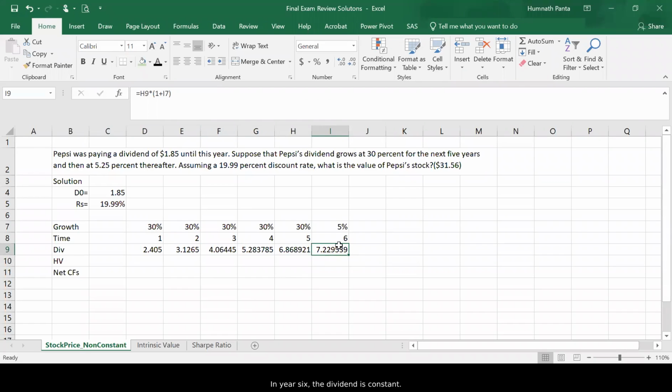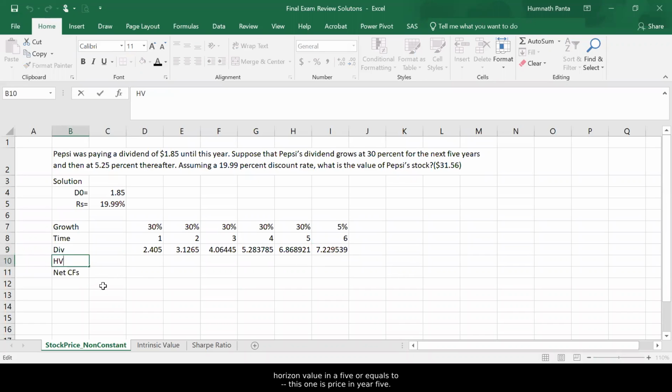In year 6, the dividend is constant. So what we can do is calculate the horizon value in year 5. Horizon value in year 5 is equal to the price in year 5.